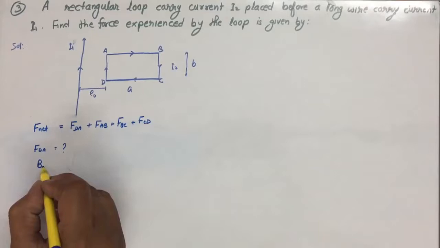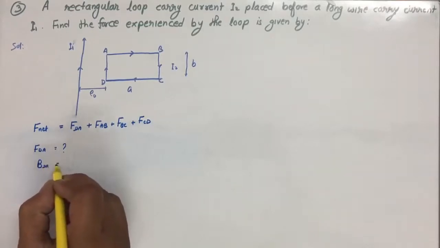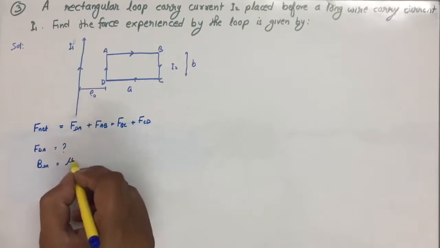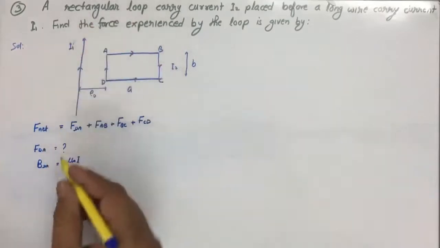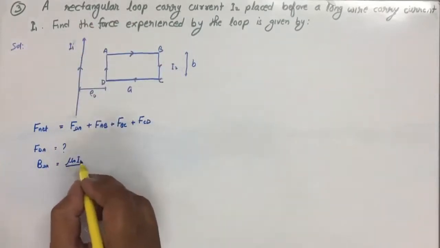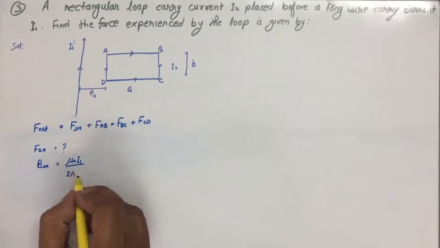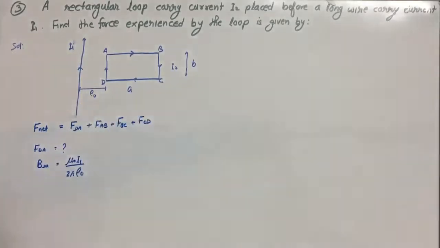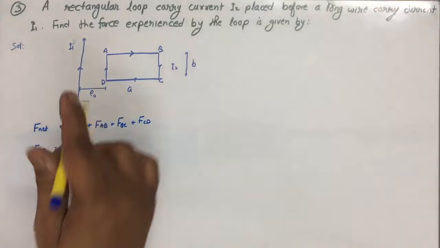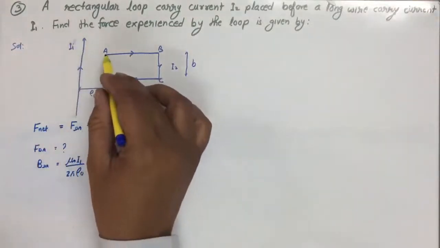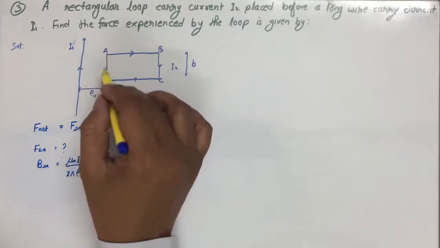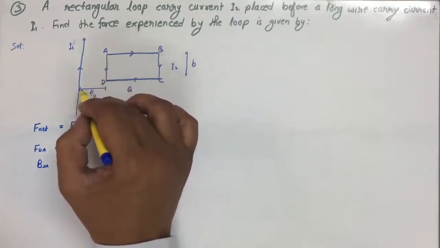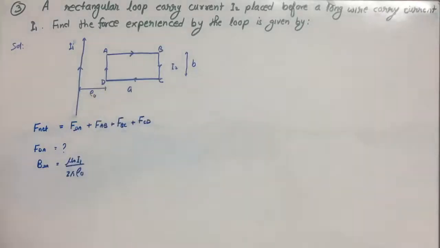So B at DA will be mu naught I, and if we assume it of infinite length, then 2 pi rho naught. This is B due to this current carrying conductor at this distance, at this portion of the conductor, that is at distance rho naught.